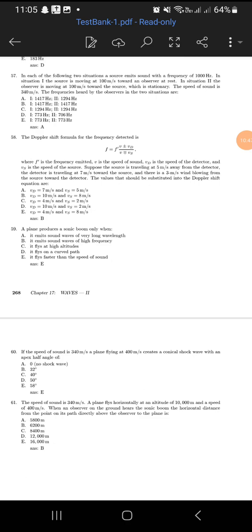The frequencies heard by the observers in the two situations are A, 1417 and then 1294. 1417, then we minus 2 on the right.